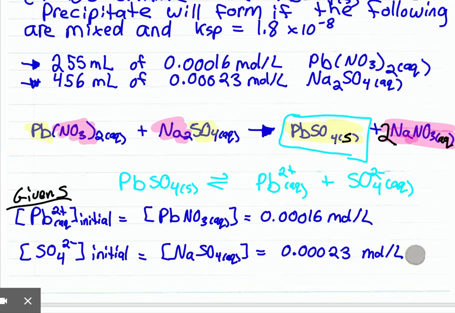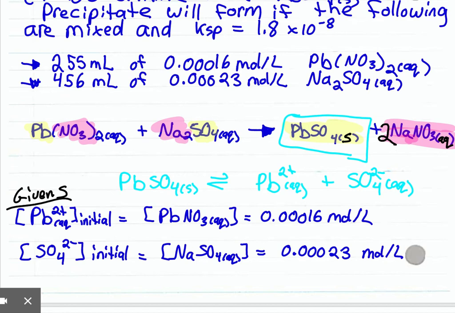So when you add that 255 milliliters to the 456 milliliters, your volume has changed, but your number of moles has not changed. So the concentration of your ions is going to change once you mix the two substances together because you changed your volume.